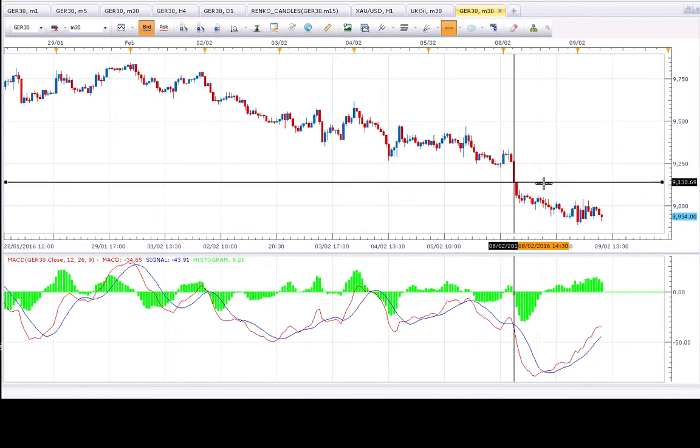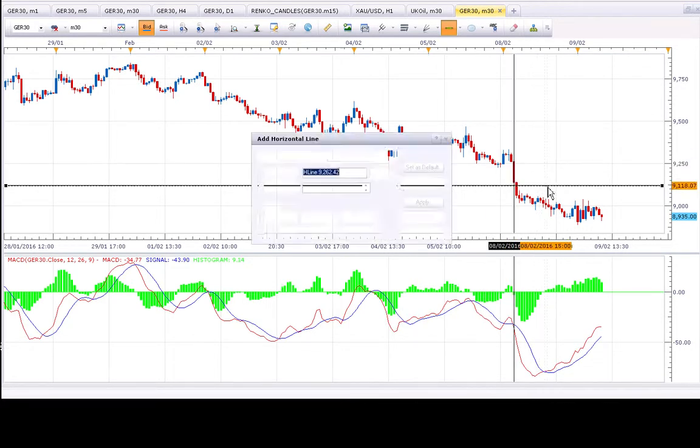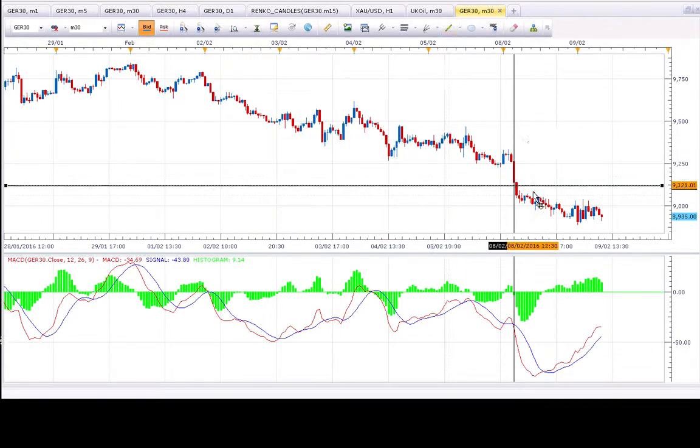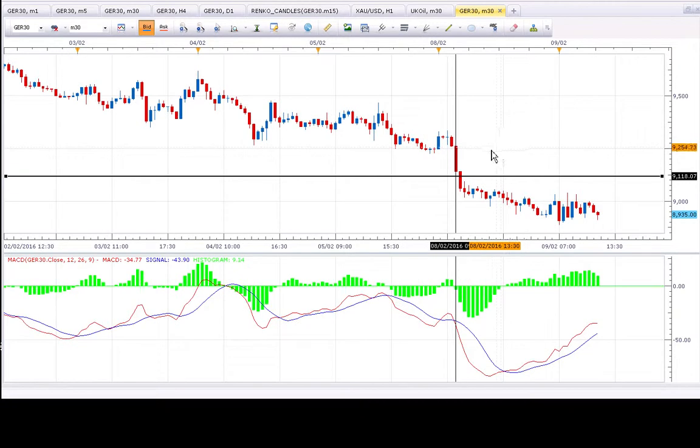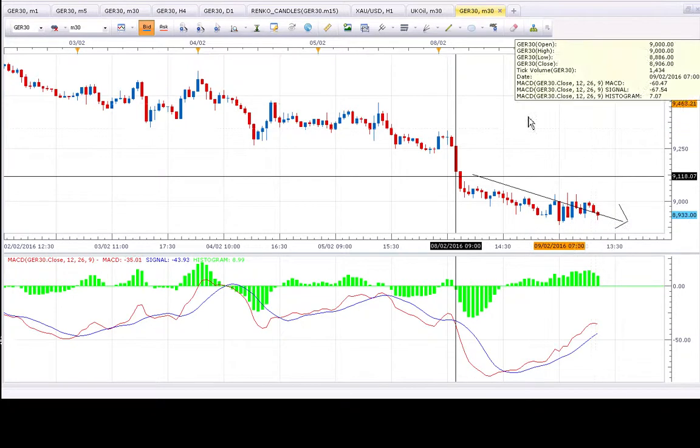So let's say you got in a bit late, about there. Bit messy with the lines, I know, but if you can see through them, you'd have got in here and you're looking to sell for it to go down. Crude lines, gotta love them. So where are you going to put a protective stop loss?